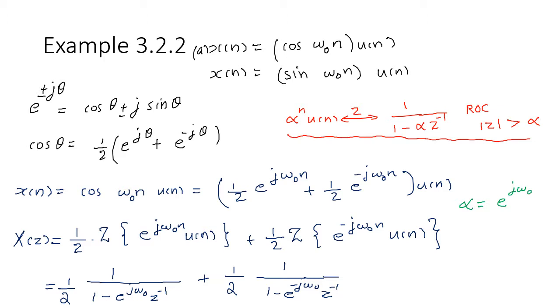Here you can see that e raised to j omega 0 has a unit radius, so mod z must be greater than 1 is the region of convergence. Now we will simplify this to get a more compact form.